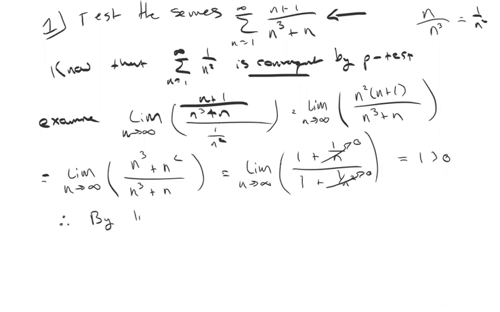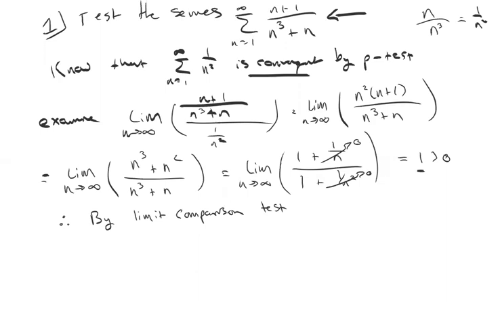And we can say, therefore, by limit comparison test, both series, well, we know that from the limit comparison test, if this is greater than 0, like it is, then both series either converge or diverge.